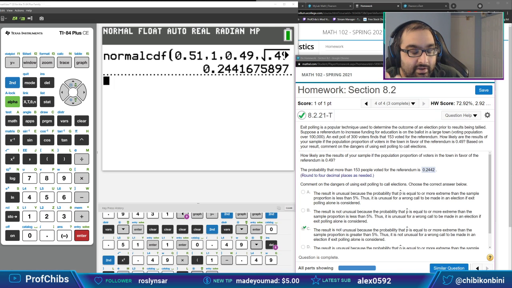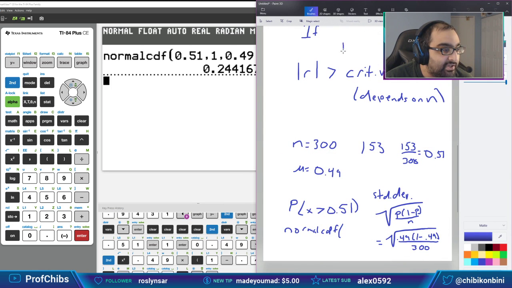And the upper bound, if it says less than, let's say it said X is less than 51%, then your lower would be 0 and your upper would be 0.51, because it'd be 0% to 51%.